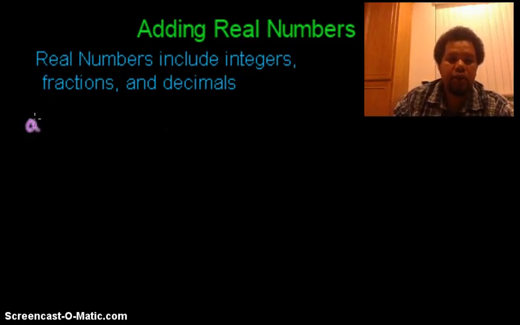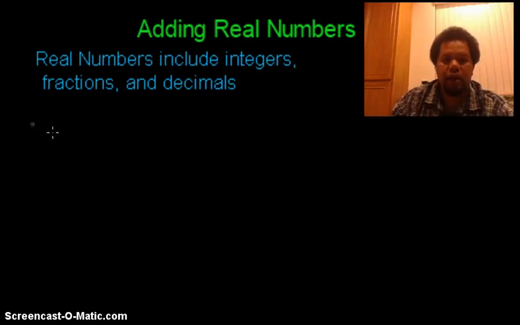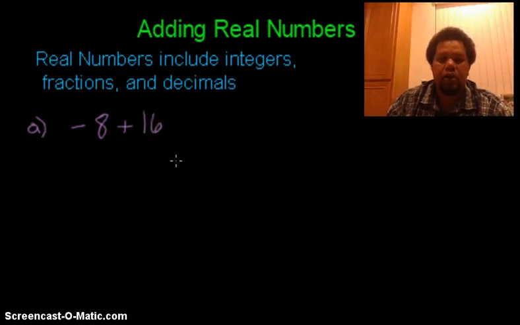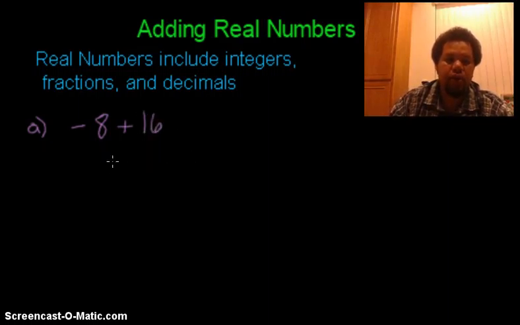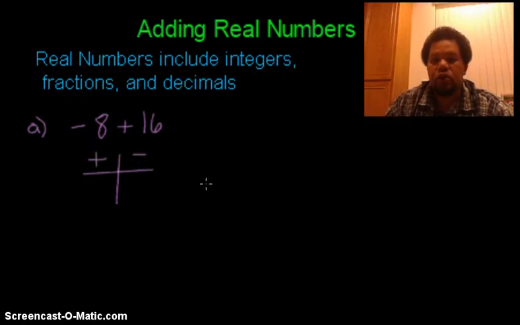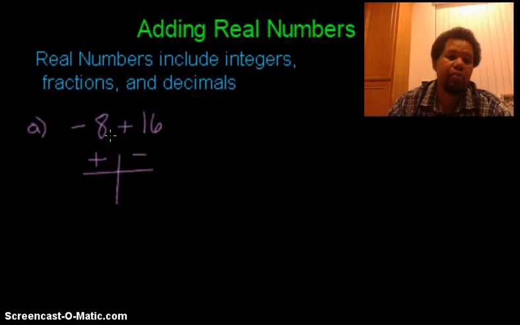So in this example, at the beginning, say we have -8 plus 16. To use the scoreboard, all we do is separate the two types of numbers, a positive and a negative, and we take the sign that is immediately in front of each digit or each factor or term.